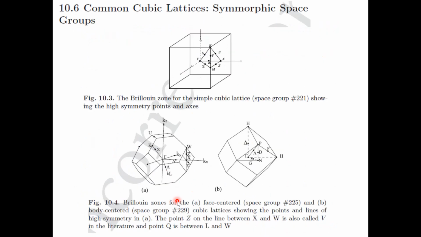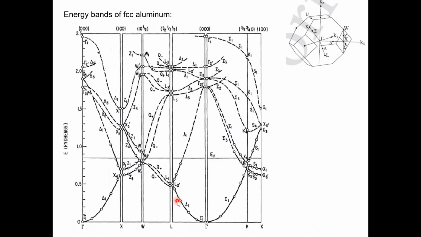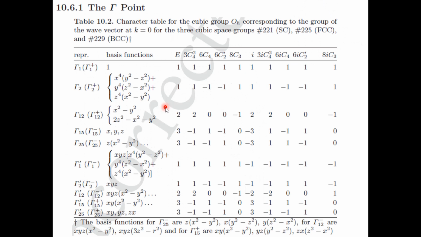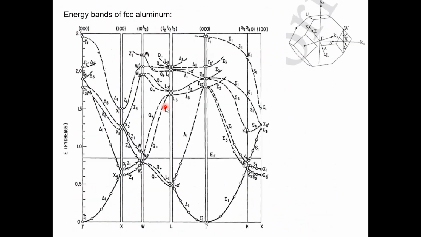So you see this state is triply degenerate, gamma 2, 5. And you see that when you go away from the gamma point, for instance, along the gamma X direction, in the delta direction, this degeneracy is partially lifted. It splits into a delta 5 and a delta 2.